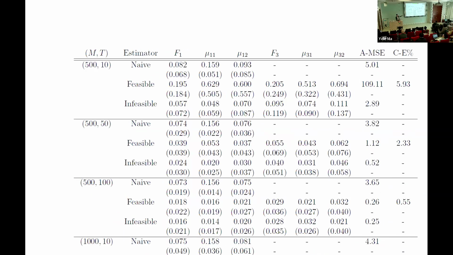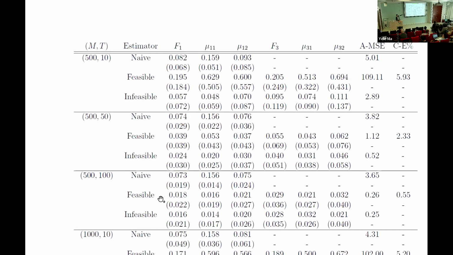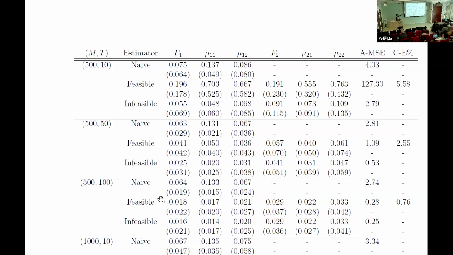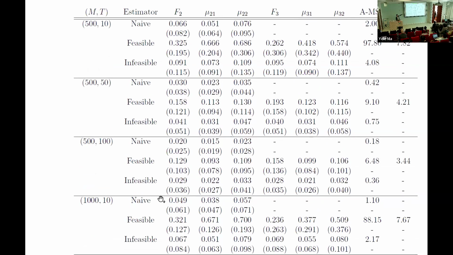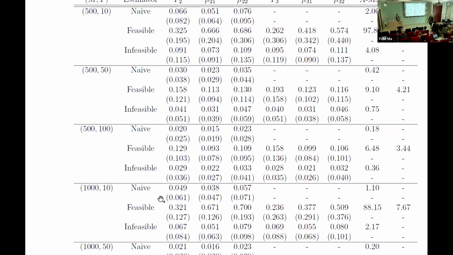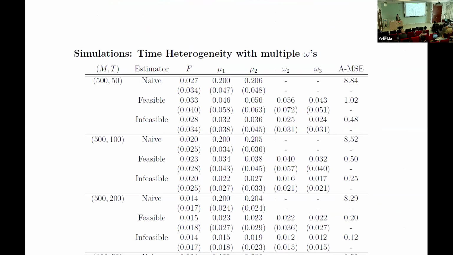And this is the case when you have equilibrium 1 and 3, which are well separated, so things behave very well. But in the case when you have equilibria 2 and 3, the misclassification rate is higher because you can't distinguish between the two equilibria so well. But otherwise, these things make sense.